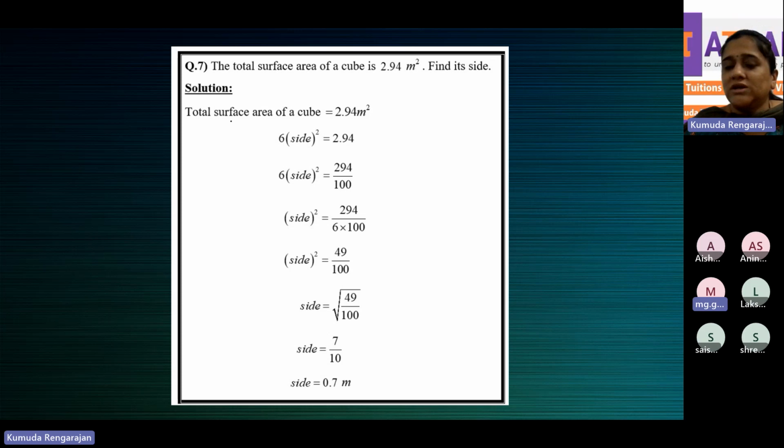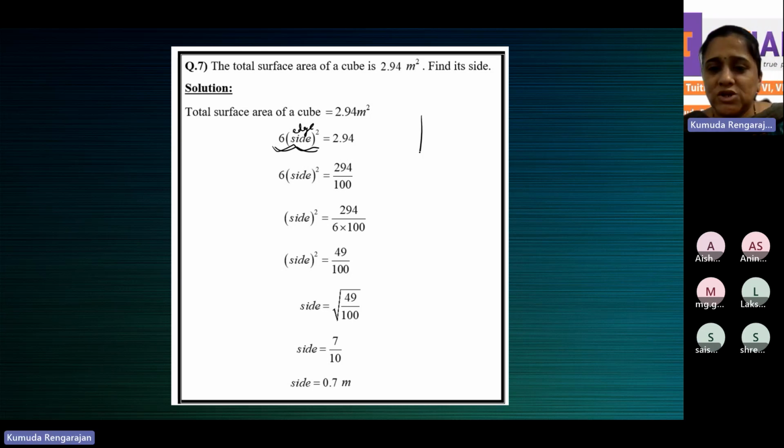I'll just do it once more, children. Please listen. Total surface area of a cube is given to be 2.94 meters square. This total surface area should be replaced with the formula in the next step. So total surface area is nothing but 6a square, or 6 into side square, or you can write 6 into edge square.